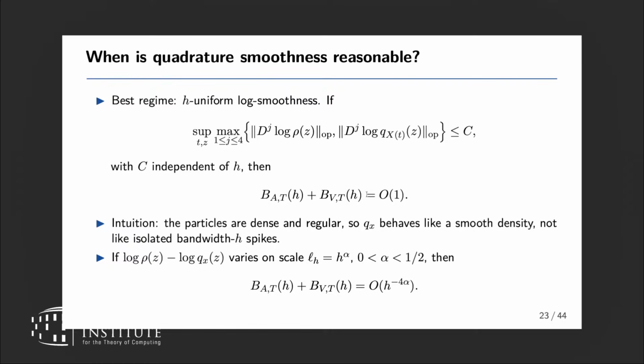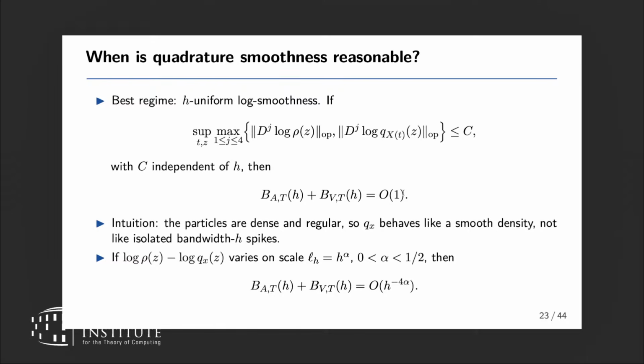So now if you are giving me a Gaussian target and a Gaussian kernel, can you show that this assumption is satisfied? It turns out that this is not satisfied for the particular Gaussian target, Gaussian kernel case. But there are some other examples, like empirical measure targets and student T type kernels, where you can probably show that this assumption is satisfied, right? So this is the best case scenario for our assumption.